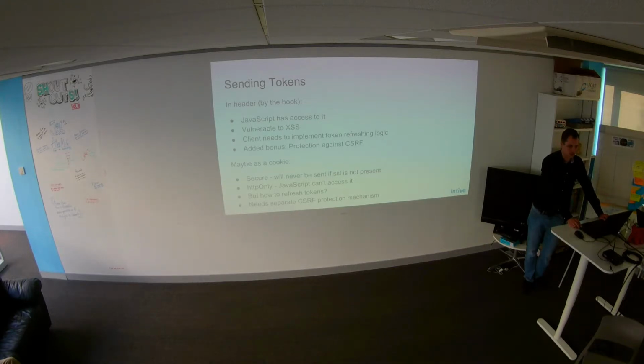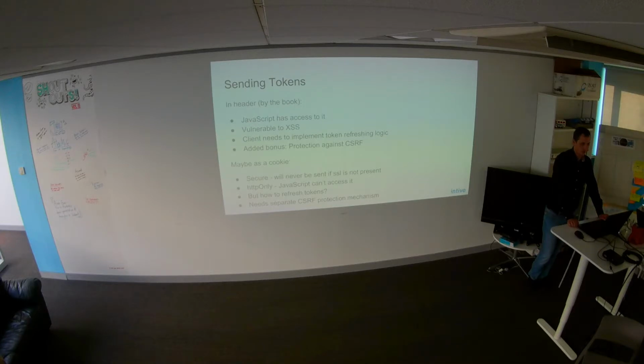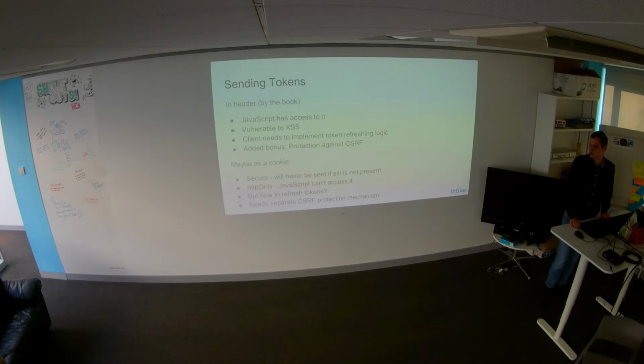Then you can have those flags you want to have. How to refresh tokens then? It's impossible to do according to what OAuth says, because JavaScript would have to know when to send it or not. If JavaScript had access to the refresh token, that's equally bad as having access to the access token. So again, not cool. And if you are doing it in a cookie, you still need to think about CSRF.